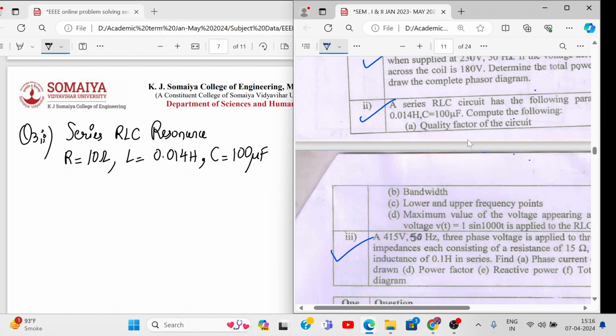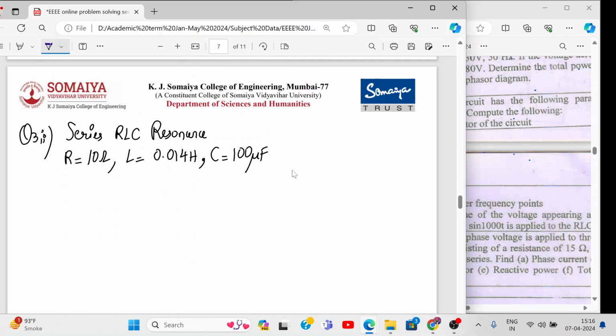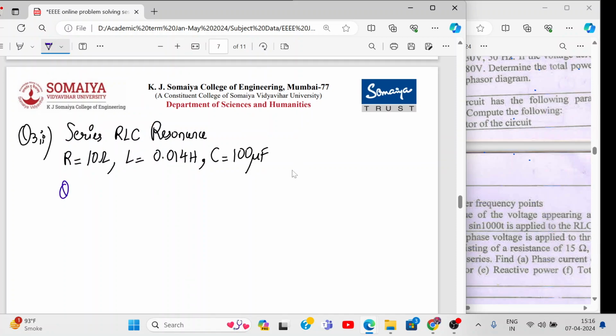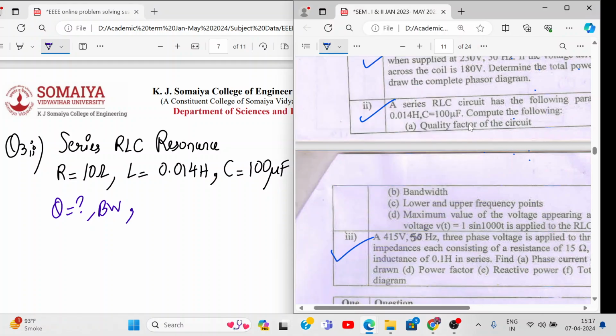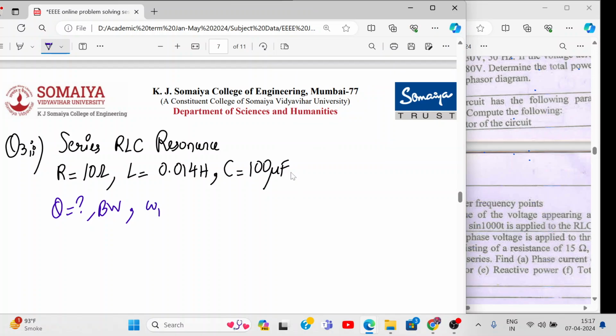Compute the following: quality factor of the circuit. So we need to find quality factor Q. Then bandwidth, then lower and upper frequency points, meaning we have to find omega 1 and omega 2, or f1 and f2, whichever you want to find, and bandwidth.